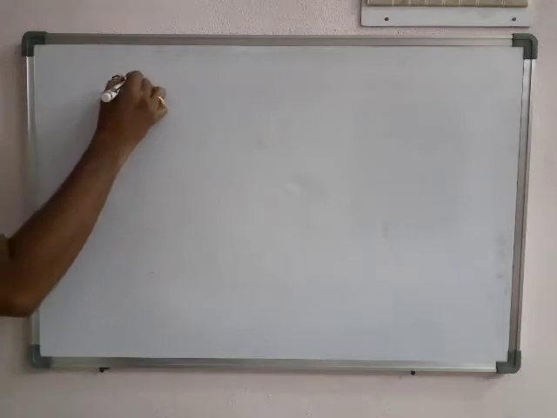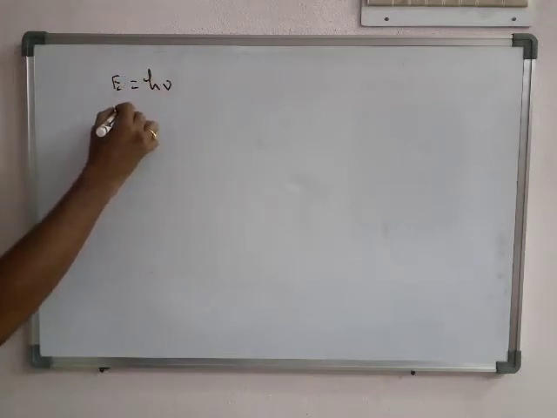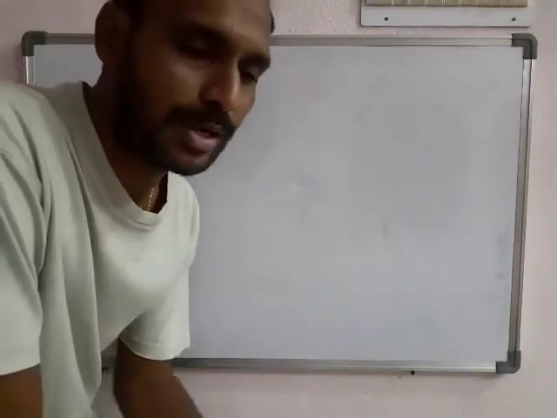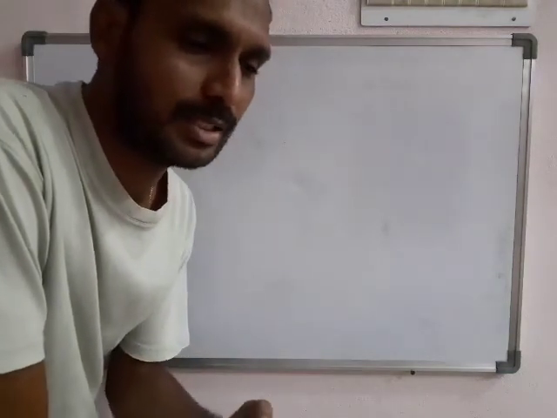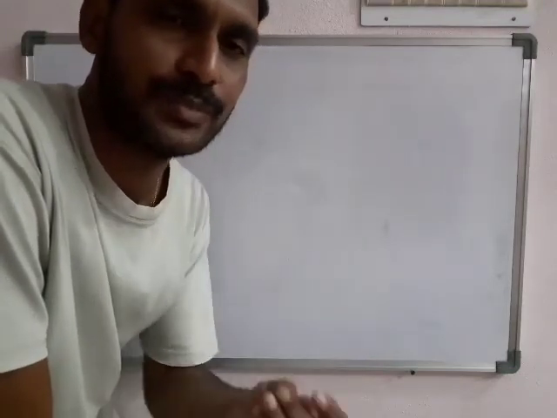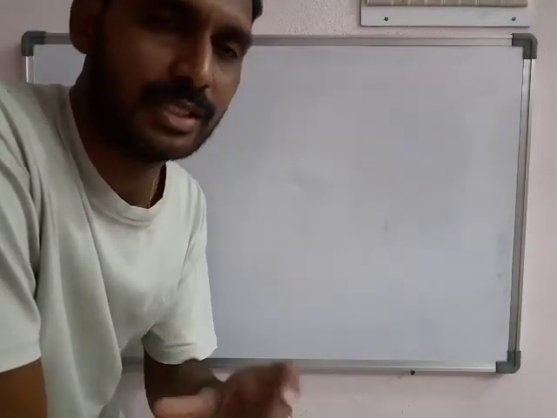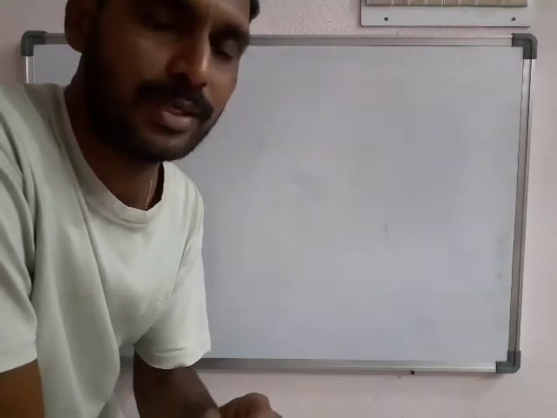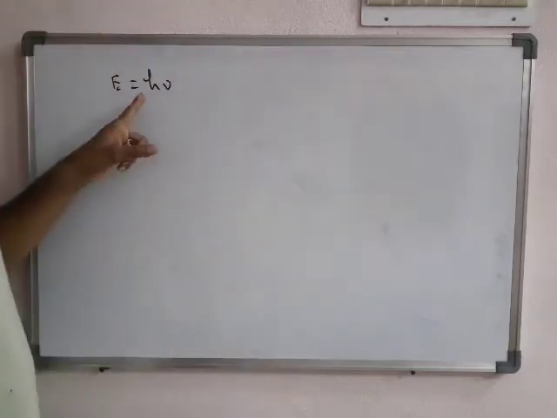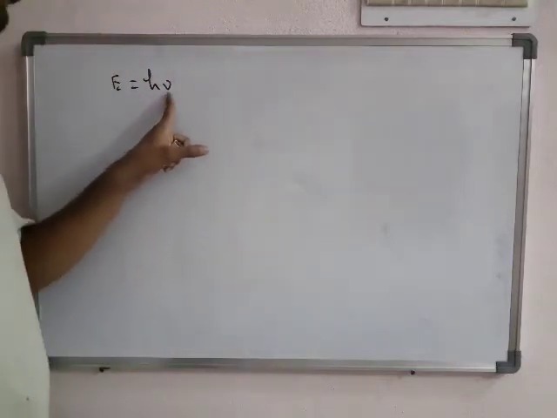Here we discussed that E is equal to h nu. One more important point in the Max Planck quantum theory is E is equal to h nu, the energy of a quantum.